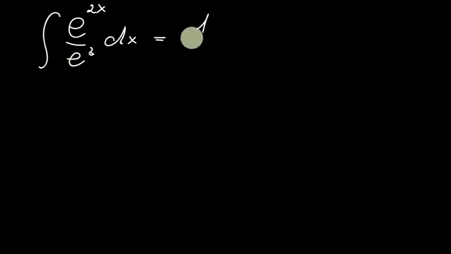Okay, so let's say we have an integral of e to the power of 2x divided by e cubed dx. Now this is a constant, we can move it before our integral, so 1 over e cubed times the integral of e to the power of 2x dx.